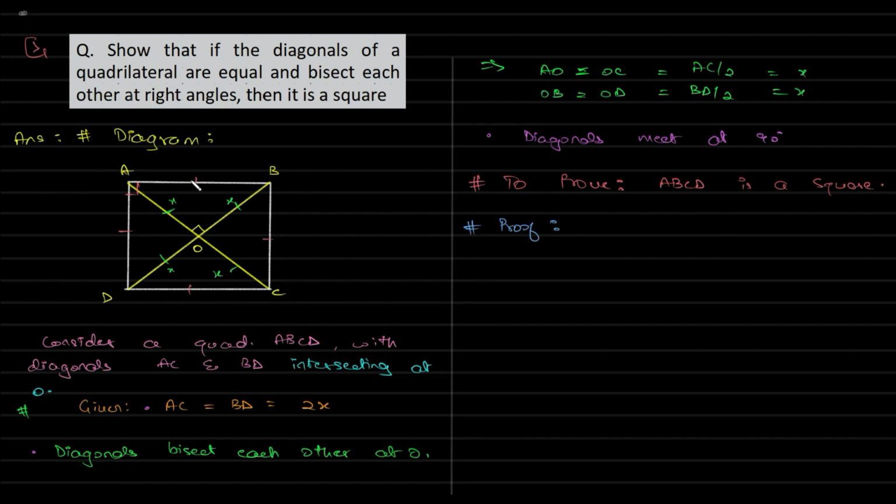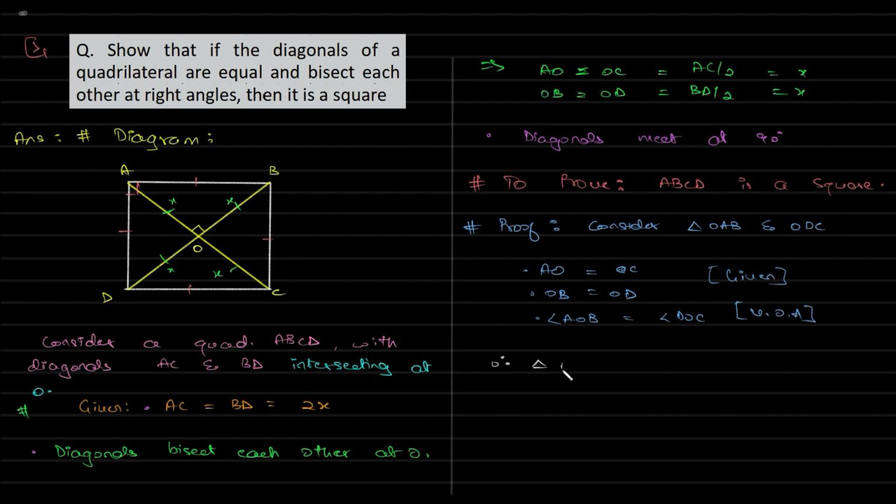First thing first, we'll prove opposite sides are equal. Quite simple. Consider triangle OAB and ODC. AO is equal to OC, OB is equal to OD, and angle AOB is equal to angle DOC, vertically opposite angle. And these things are given. So what can we tell?